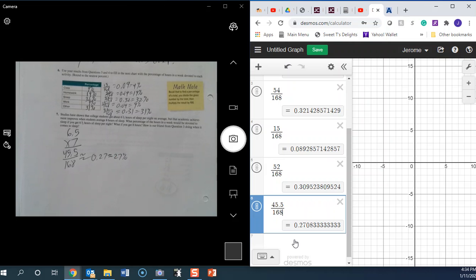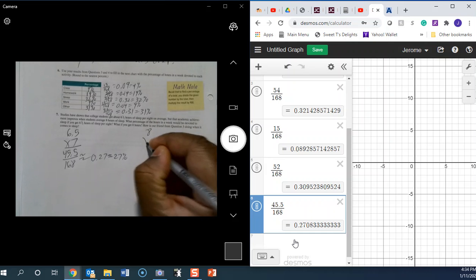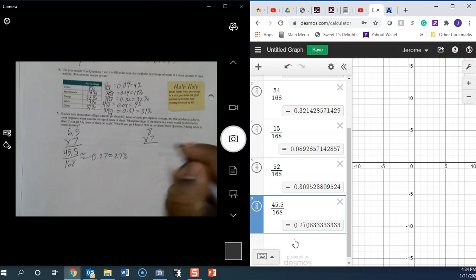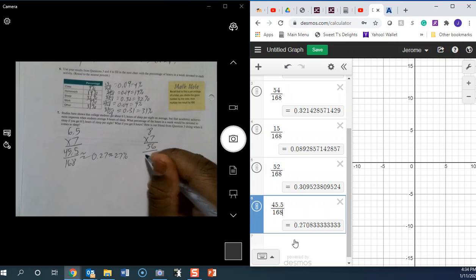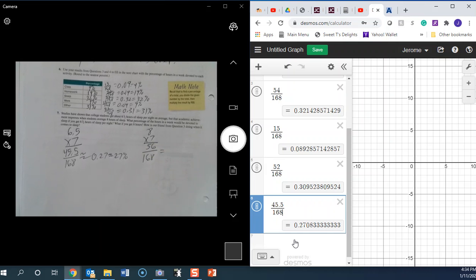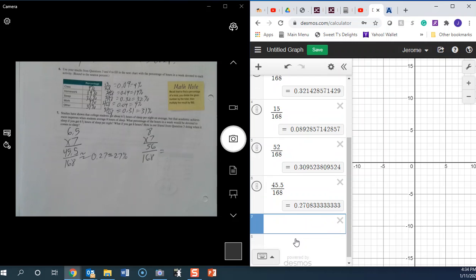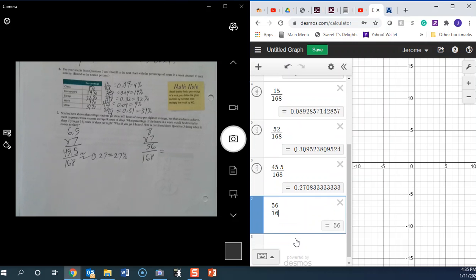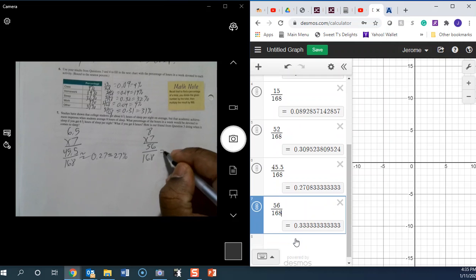So it's about 27%. Now we want to find out what the percentage would be for having 8 hours of sleep per day. 8 times 7, so they're saying 56 hours divided by 168. So we'll take 56 divided by 168. Now we will round this to 2 decimal places.